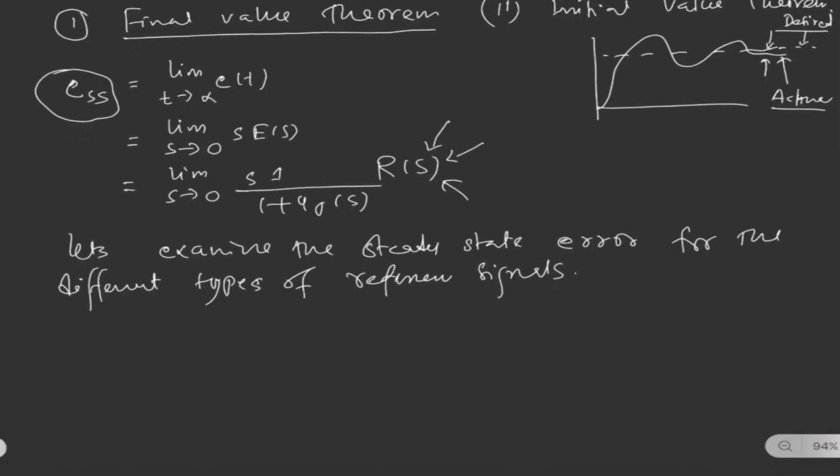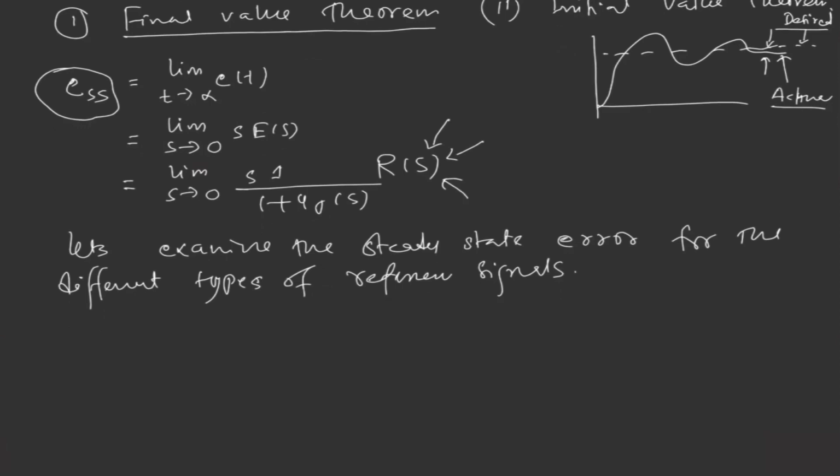Let's start with the step input. This is the most important one, and we use it very frequently in control system design. So for the step input, we assume R of t equal to 1, and the Laplace transform of the step input, we know, is R of S equal to 1 upon S.